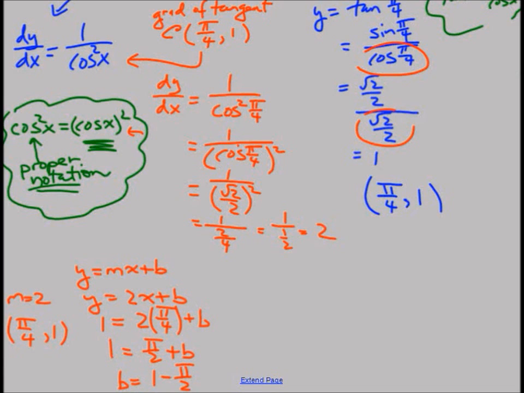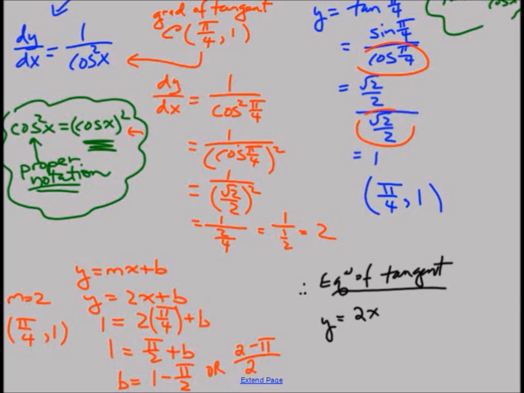Or if you want it all as one fraction, you could say 2 subtract pi over 2. Those are the same thing. Therefore, the equation is y equals, slope was 2, 2x, plus 1 minus pi over 2. So 2x plus 1 subtract pi over 2.